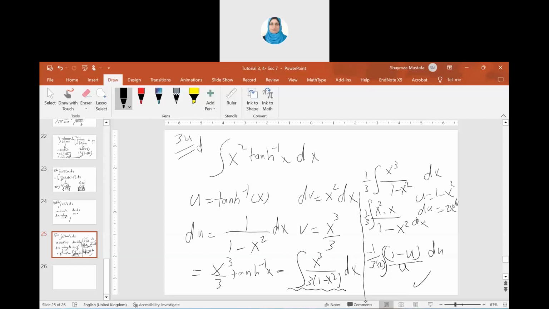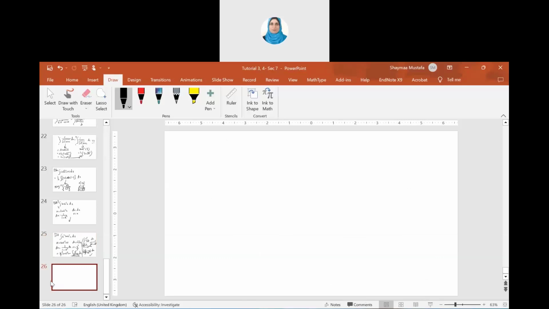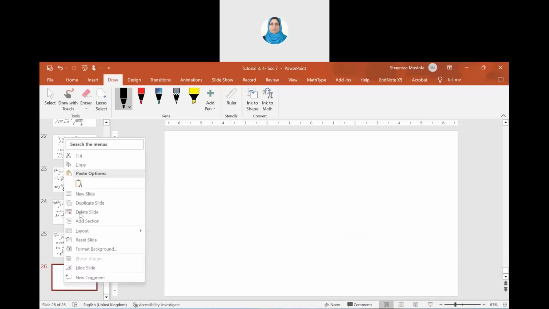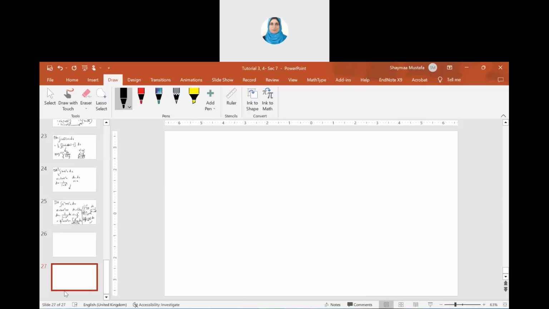So now this one can be easily integrated. So this is for 34D. 34F is similar. I will give you the substitution for 34F, the substitution that you have to use.